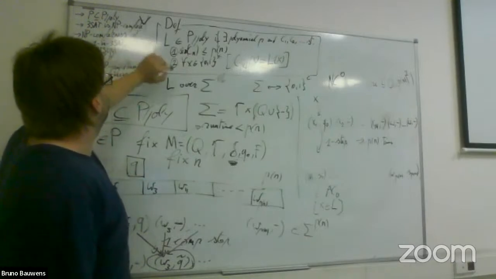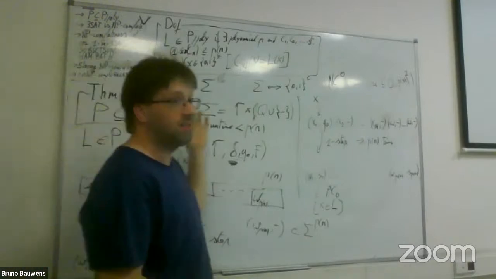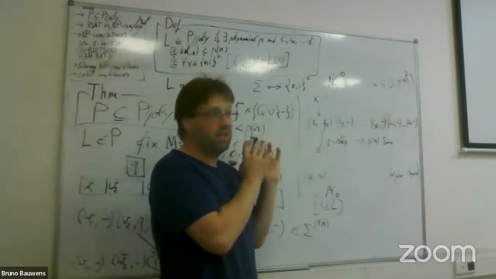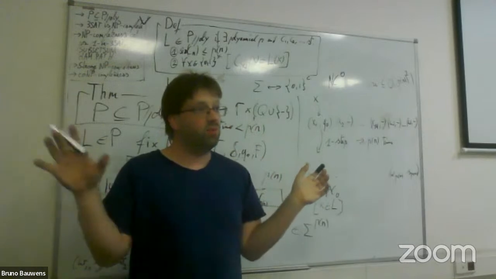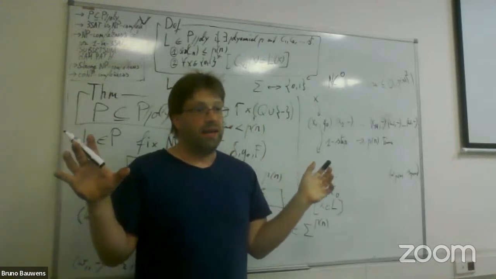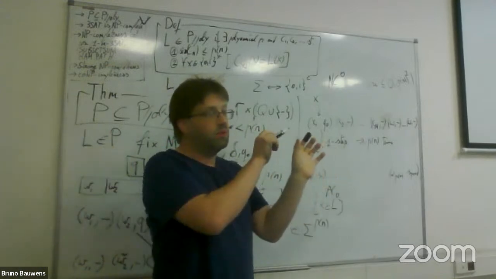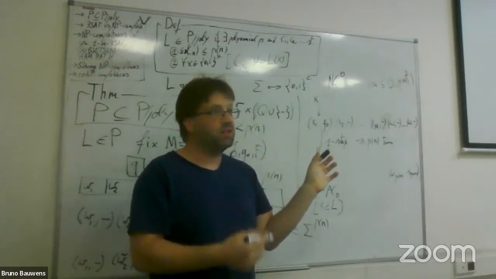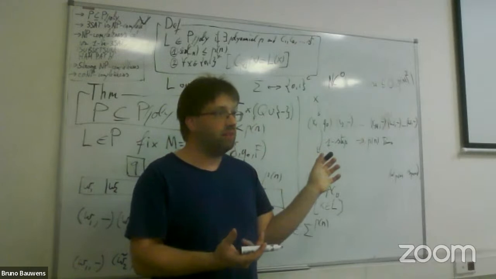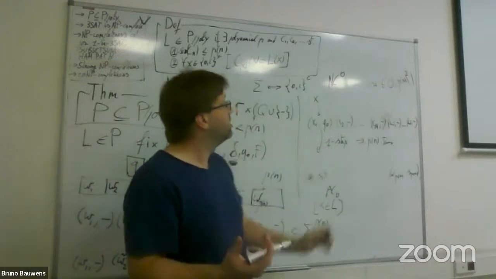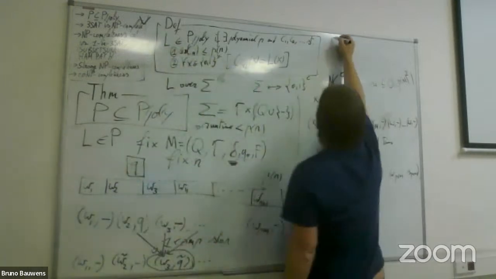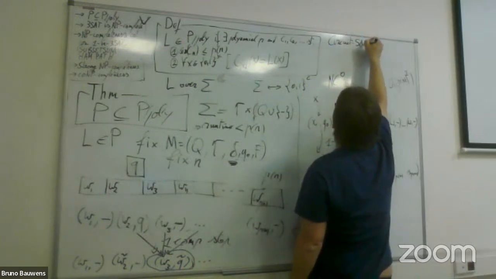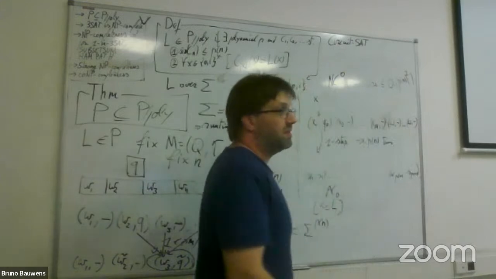I will show that SAT is NP-complete. Remember what it means: for every problem in NP, we can build a reduction to SAT. And I will do it using one step in the intermediate. I will first prove that circuit satisfiability is NP-complete. So what is this problem, circuit satisfiability? I guess the name explains itself.